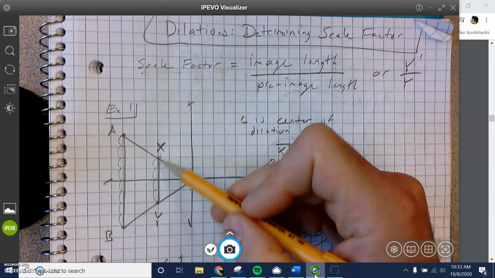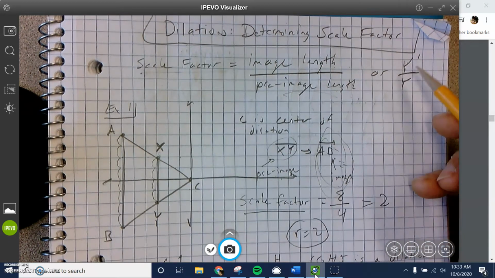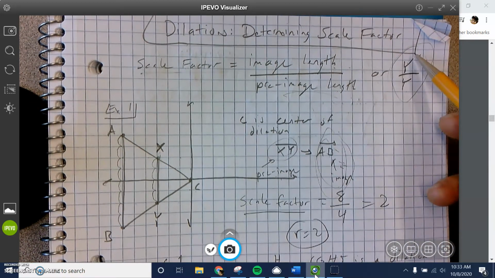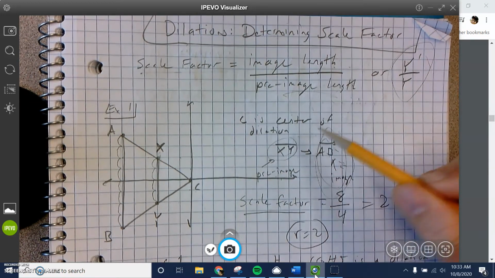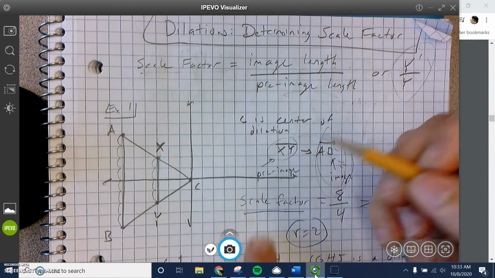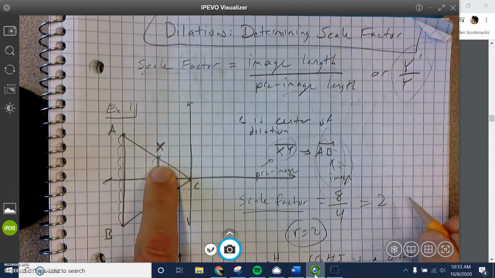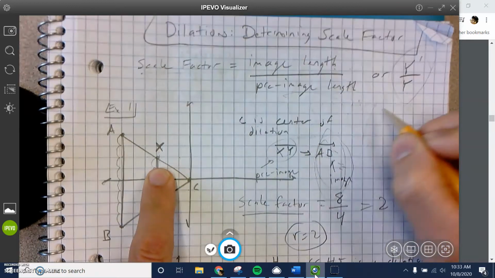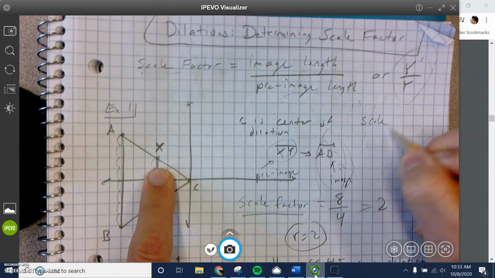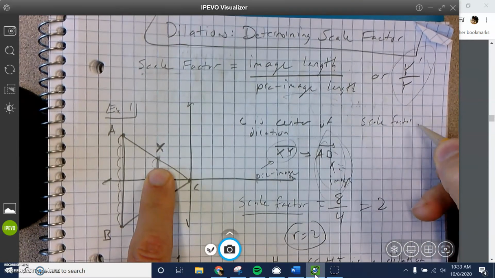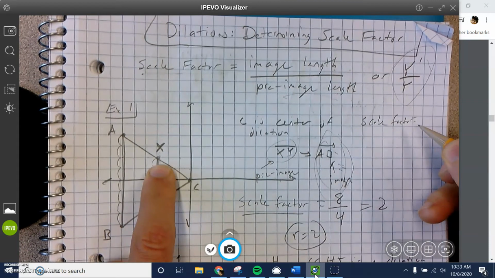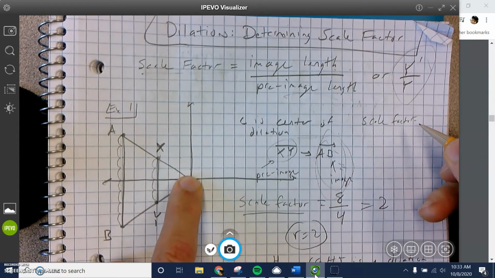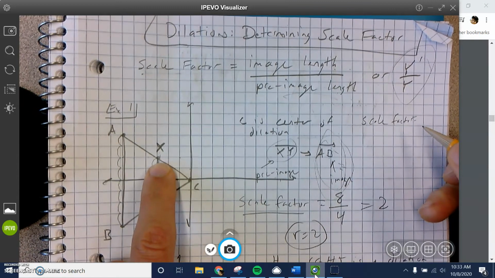Another way to do it, if you don't want to count like that, I just do the Y prime over Y. So you don't worry about the X coordinate, just worry about the Y coordinate. So scale factor: the Y coordinate of X, that's 1, 2, right?